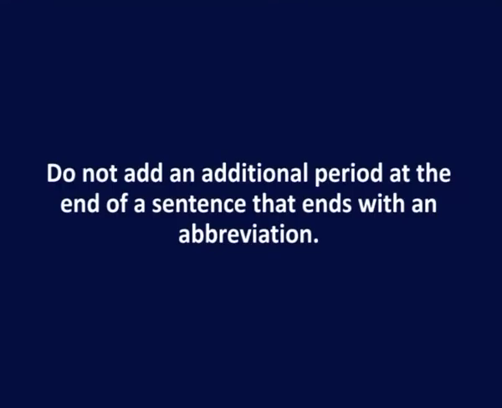Do not add an additional period at the end of a sentence that ends with an abbreviation. For abbreviations specific to your profession or discipline, use a style guide recommended by your professional organization or company. A list of style guides appears at the end of Documenting Sources.